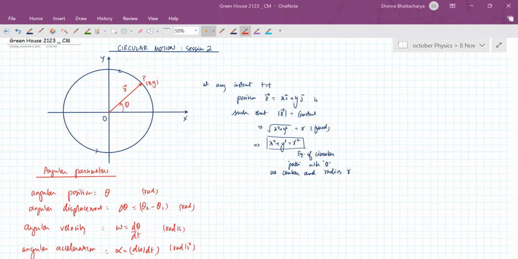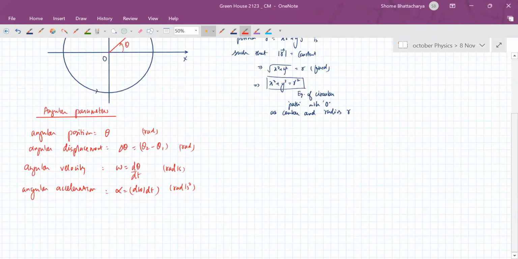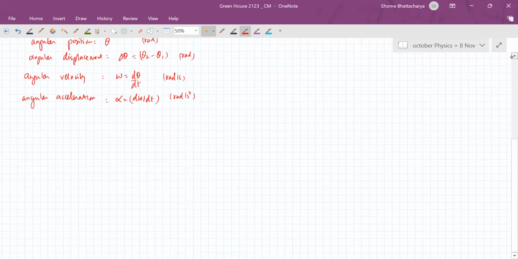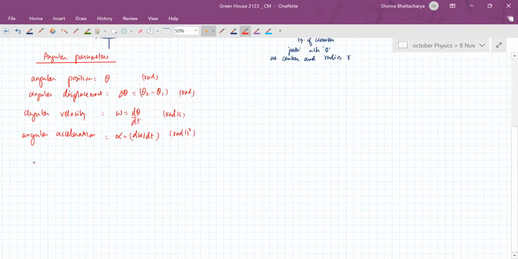Okay, so let's understand these concepts with a couple of questions. But before that, a couple of further things to note down. So this can also be written as the second derivative of position with respect to time.